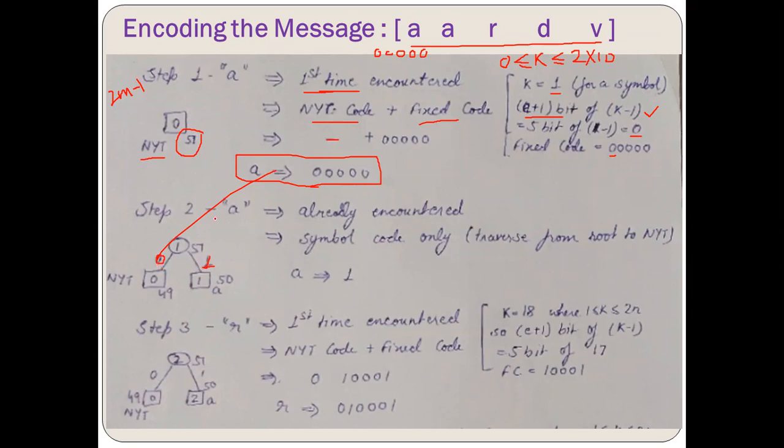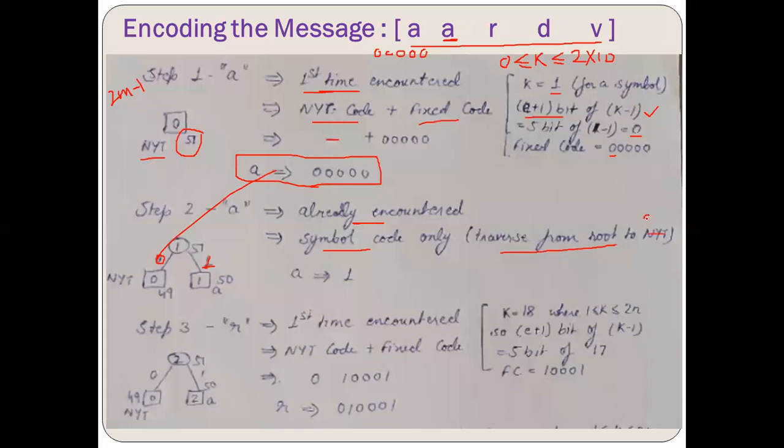So now the next step: again, the next A is encountered as a symbol. This particular symbol A has already been encountered. Now we have to give only the symbol code, right? How do we generate the symbol code? We generate the symbol code by traversing the tree from the root node to the symbol node.